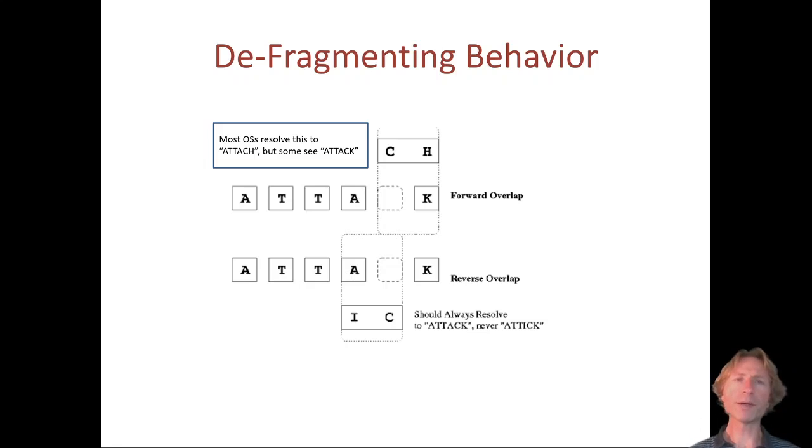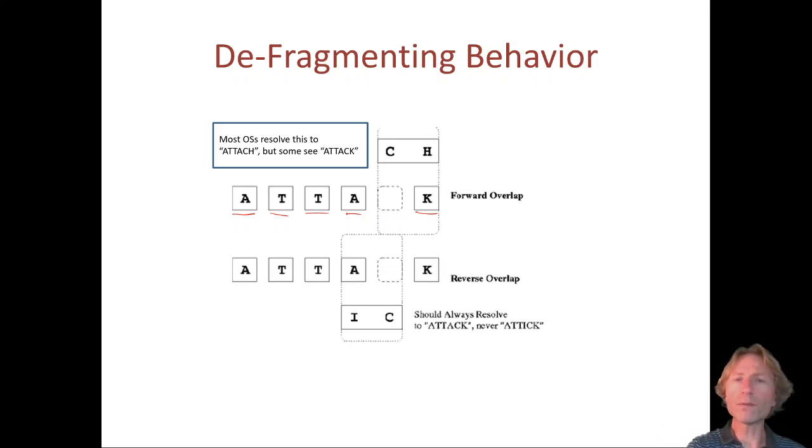So what do I mean by that? Let's have a look at defragmentation behavior. Our IDS, our intrusion detection system, and our victim both receive a number of packets. For instance, these packets A, T, T, A, and also a packet K. But the packet K is not in the right place, right?